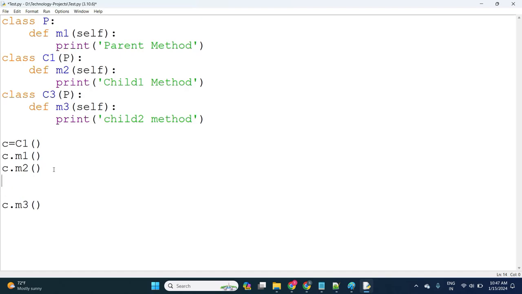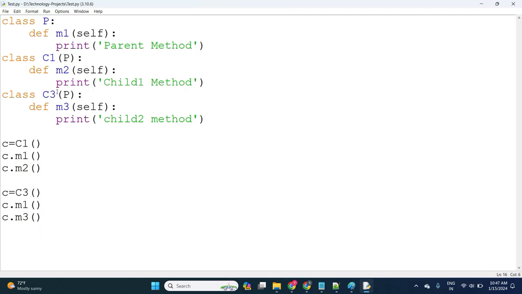Next point, I'm creating an object for c3. Whenever I'm creating an object for c3, we can call c dot m1, c dot m3.